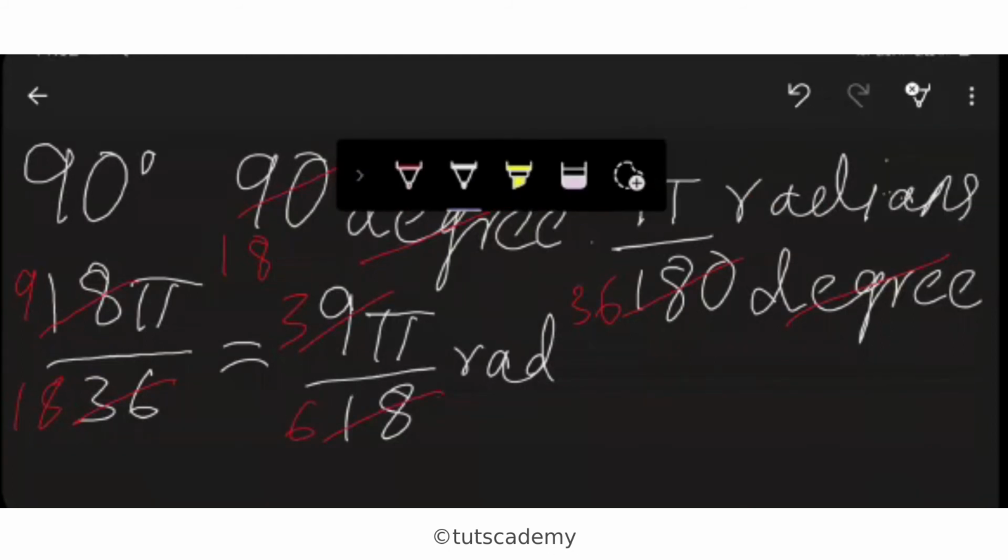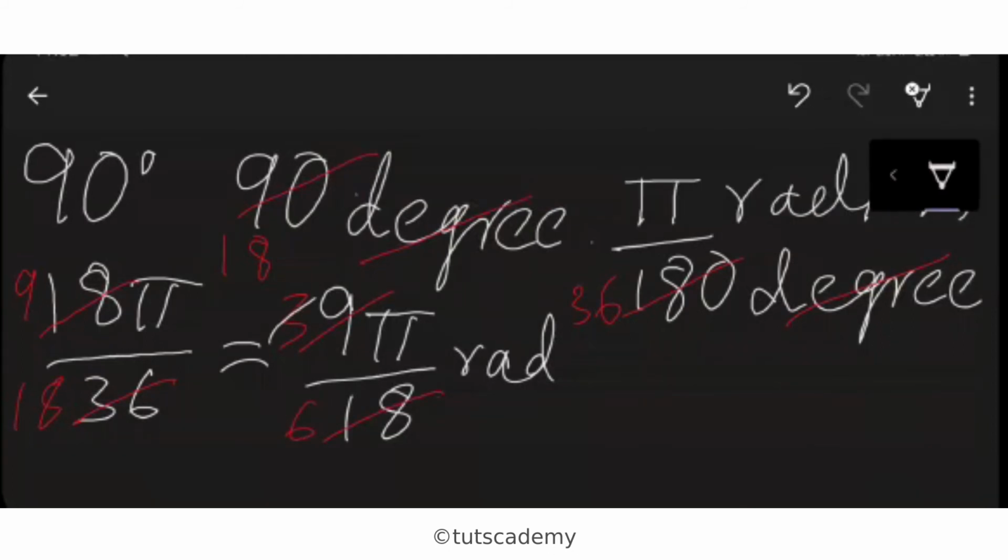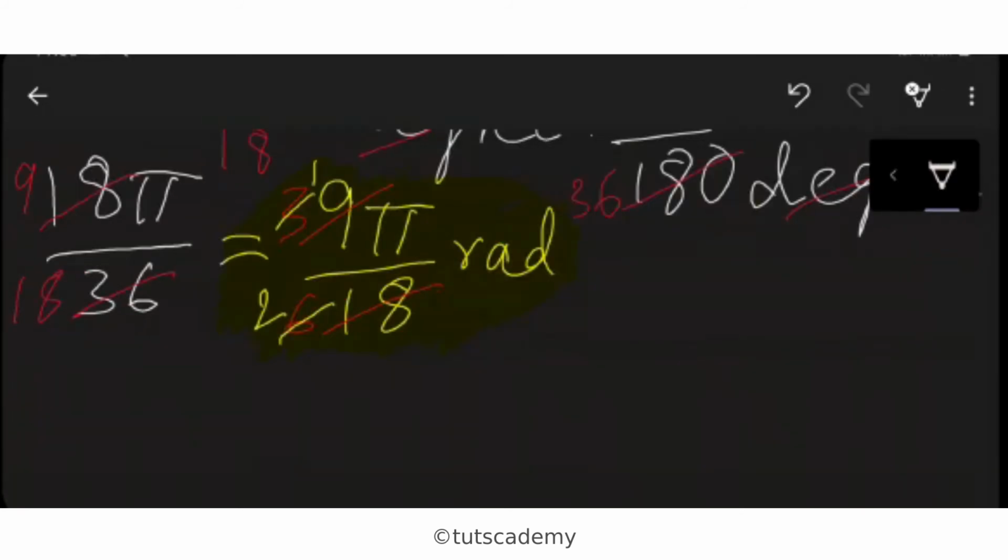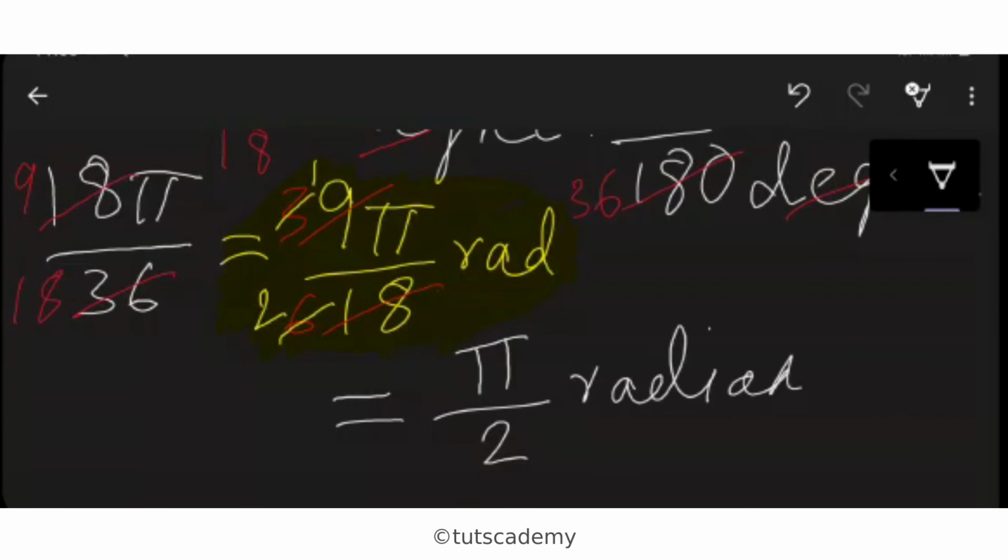Simplifying by 3 again: 3 ones are 3, and 3 twos are 6. So our answer will be pi over 2 radians. This is our answer.